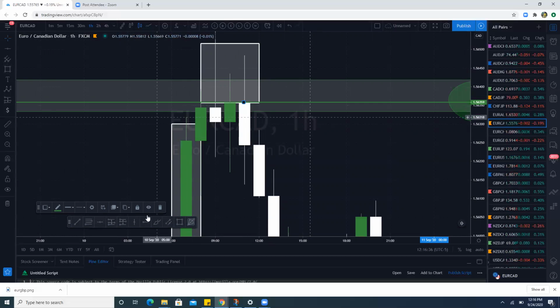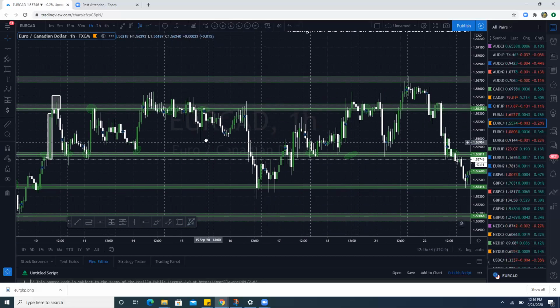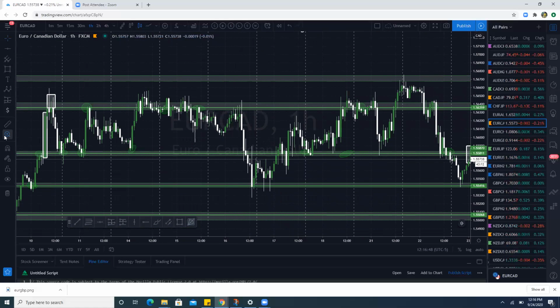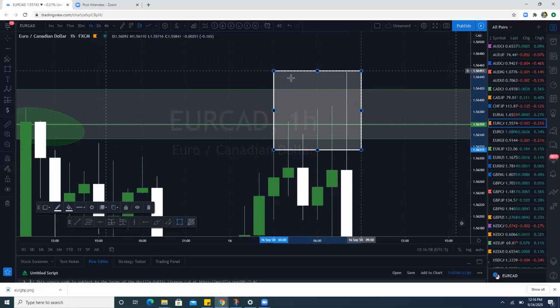So let's go find some other examples of a vector. And another thing with vectors, here's a great one: sometimes I like going down to the 30-minute. In my experience, that's where I've seen the most vectors. On the 30-minute, maybe the 15, but I like sticking with the 30-minute.